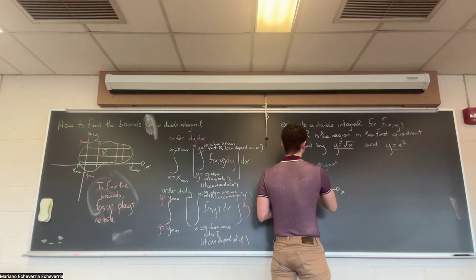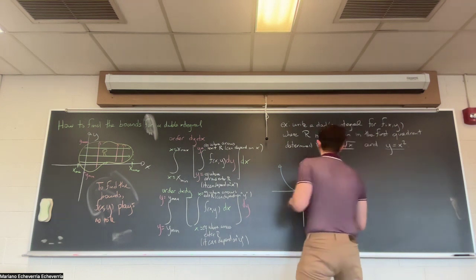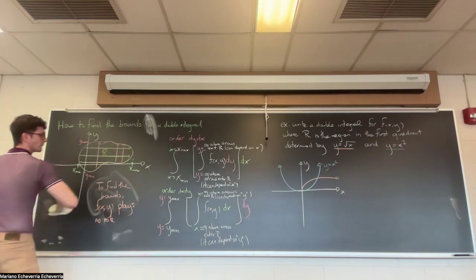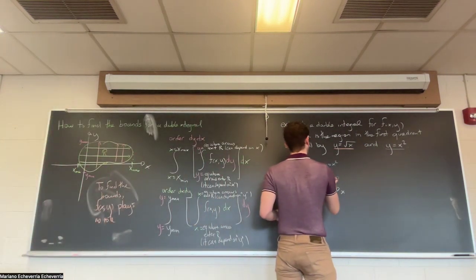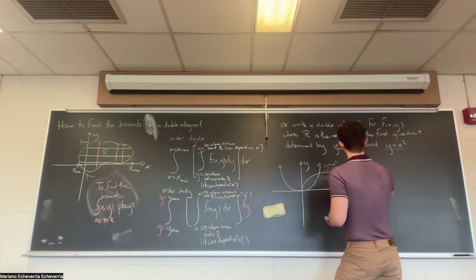At 0 it is 0, and then you draw something like this. In fact, let me do it a bit bigger. Now it looks better here.